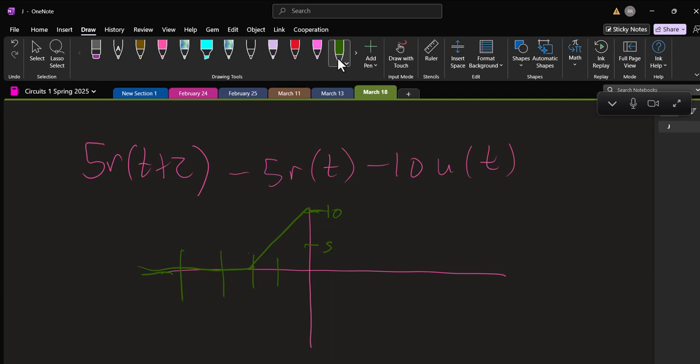But the minus 10u of t says I'm also going to drop down by 10. So it'll look like that. So the minus 5r of t got rid of the slope. The minus 10u of t brought it down by 10.